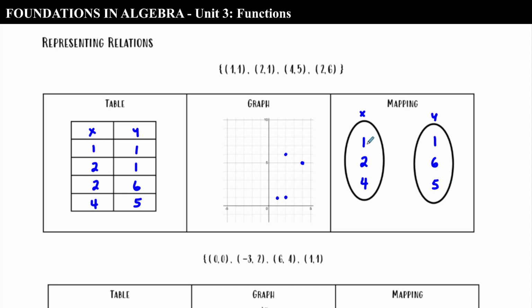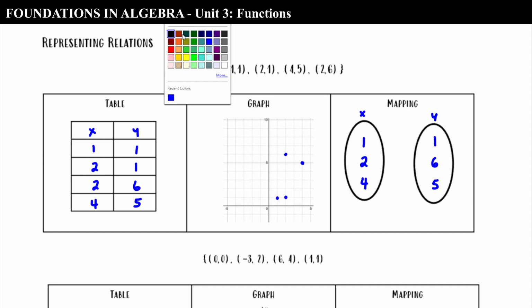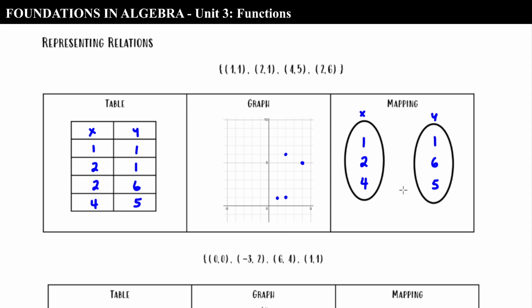So what you're going to do is draw an arrow going from one value to the next. So we have from 1 to 1. And it's important that you put an arrow on the right-hand side.